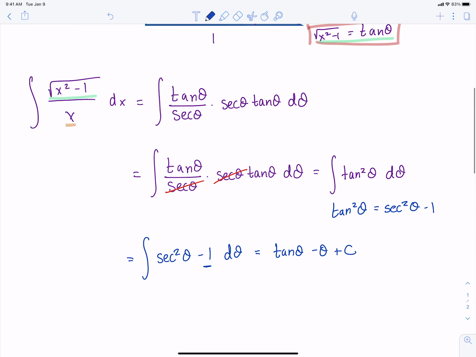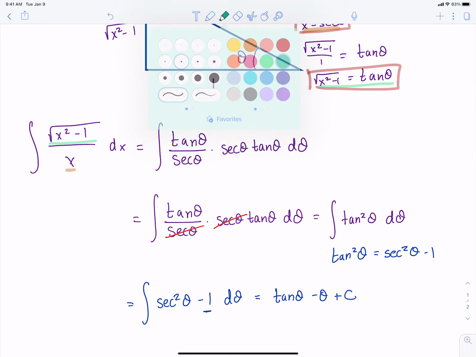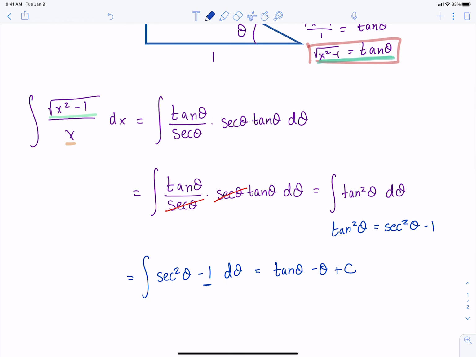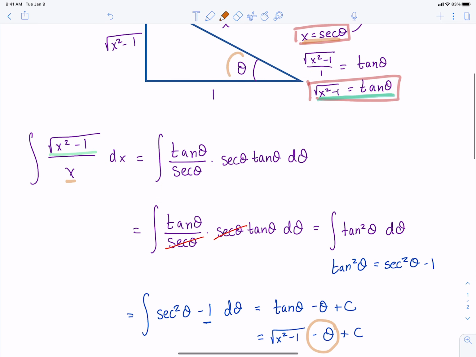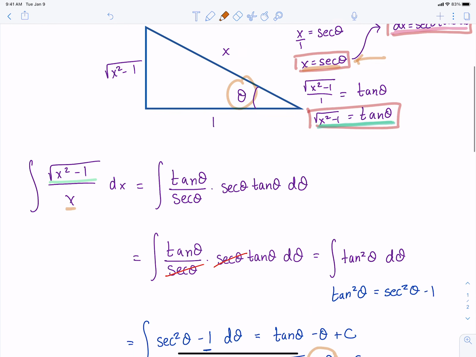And so now we have to go back and substitute back. So back up here, underlined in green, we've got the tangent of theta is that square root of x squared minus 1, so that we can deal with right away. This plain old theta, what do we do with that? Well, theta is the angle in this triangle, and the simplest relationship between our x variable and theta is secant here.